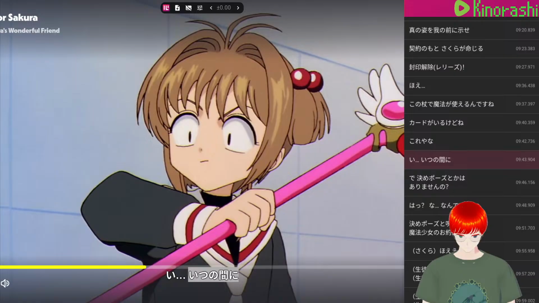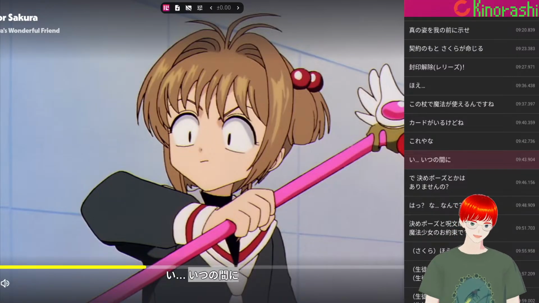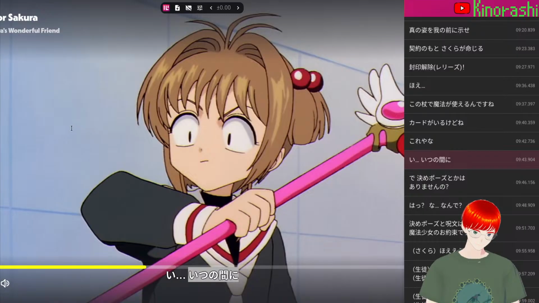This is a similar expression which literally means in the time it takes to say. So suddenly, unnoticed, too soon, without noticing. Used standalone as an adverb to mean suddenly or without noticing.